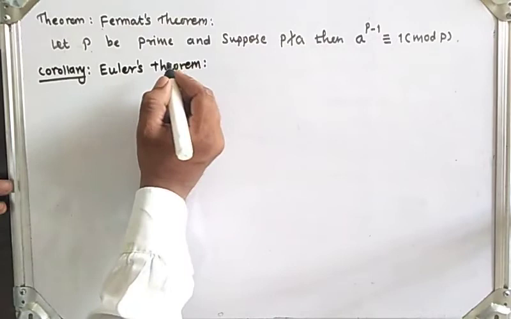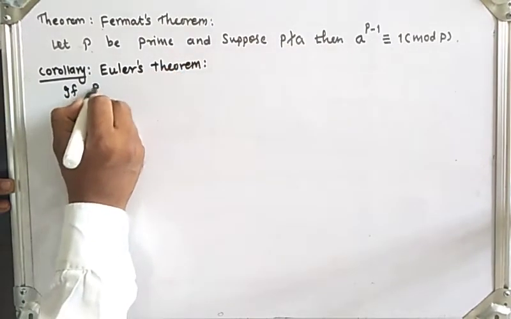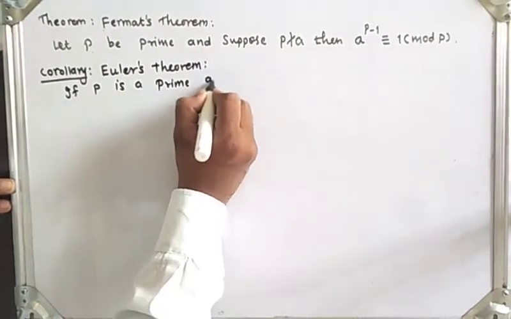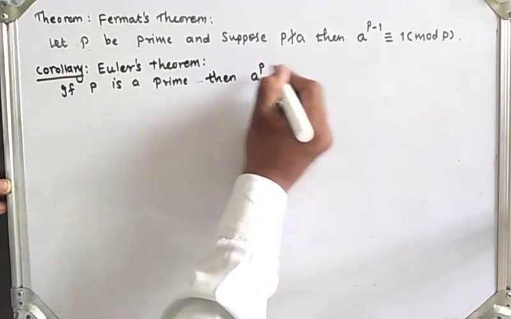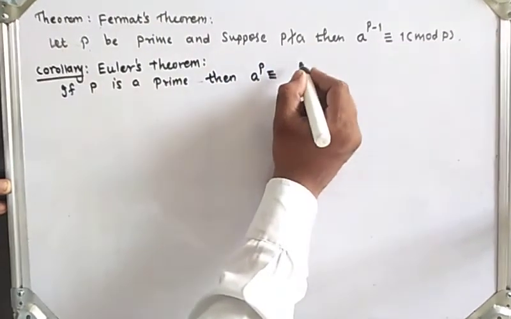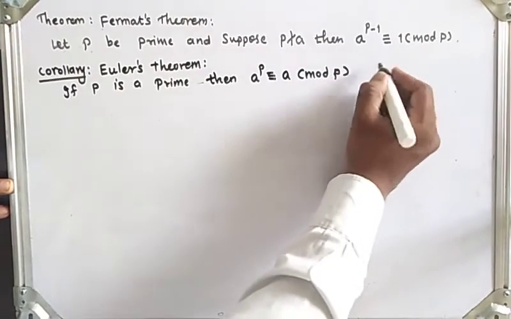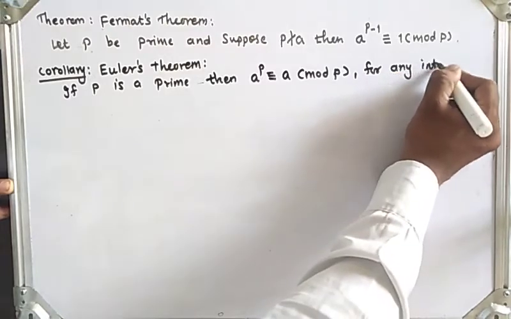So the statement is, if p is a prime, then a raised to p is congruent to a modulo p for any integer a.